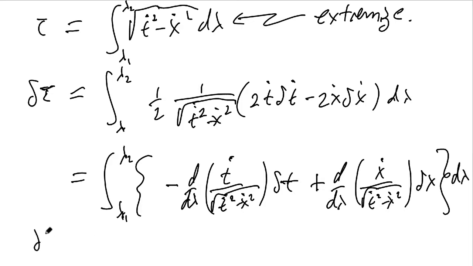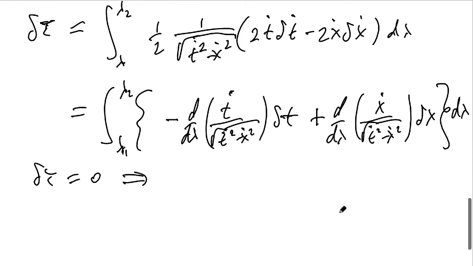Okay, now setting delta tau equal to 0 for arbitrary delta t and arbitrary delta x, this can only be 0 if the coefficients of delta t and delta x both vanish.